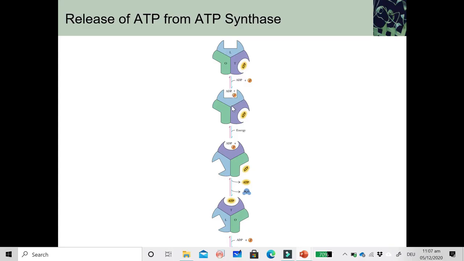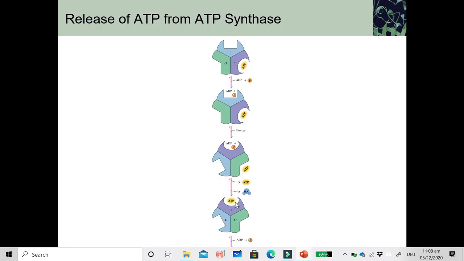Remember, the protons are moving from the intermembrane space into the mitochondrial matrix, causing a change in the conformation of a rotator and ultimately the alpha beta subunits, which will change the L to T. Now this is a T conformation, and the T conformation is catalytically active. It will catalyze the formation of ATP from ADP and inorganic phosphate, as you can see here.